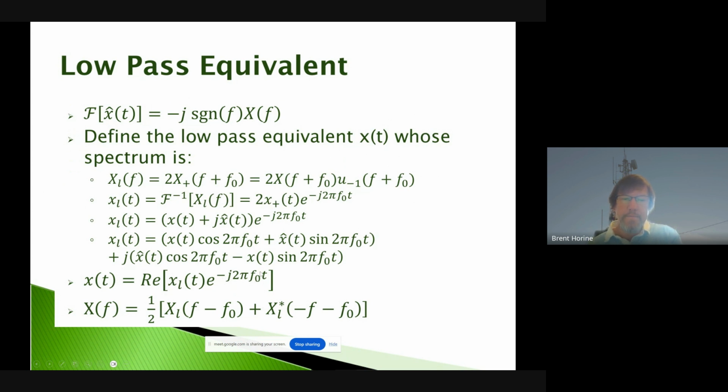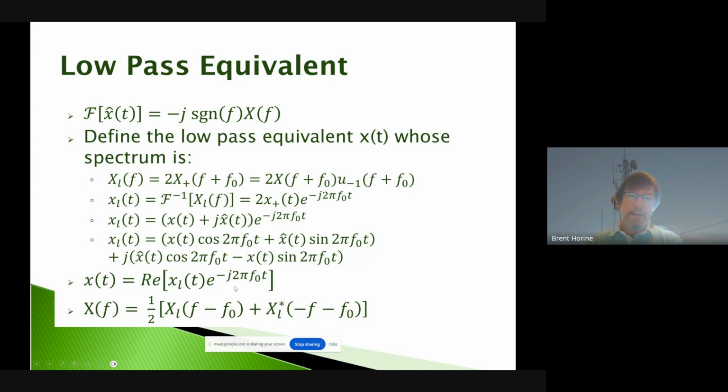And so then we're going to multiply these two together and take the real part of it, right? To get to here, we go through all these different steps, but I'm going to gloss over that. So this says that we can do all this calculation with XL, the low pass equivalent signal, and that might be modulation, it might be some amplification, it might be all sorts of different transforms in a transmitter or receiver, or modeling our channel, that type of thing.